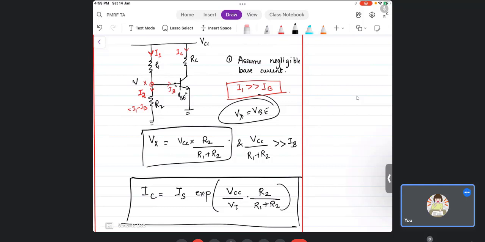So I will choose R1 and R2 in such a way that this condition is satisfied, that the current going to the base will automatically be very, very less than what is flowing through R1 and R2. We will see it in the example.